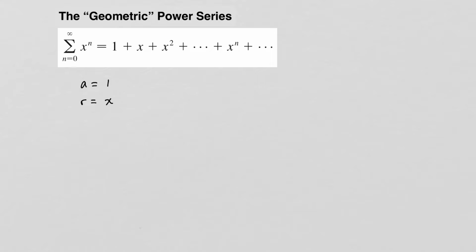Now we know from previous discussions that the sum of an infinite geometric series is equal to a divided by 1 minus r if the absolute value of r is less than 1. Or to say that differently, if r is a number in between 1 and negative 1.